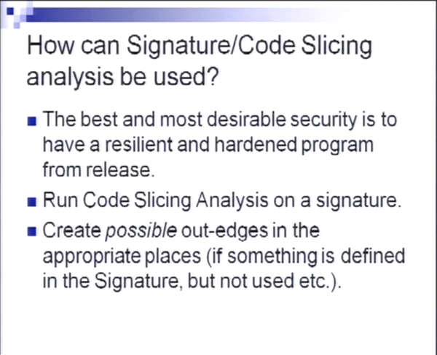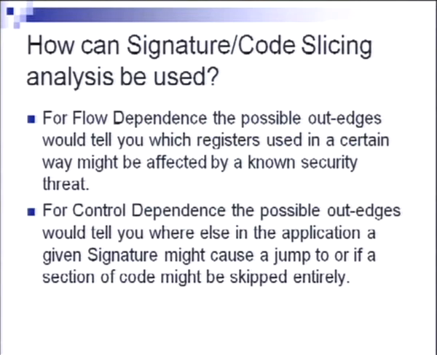Create possible out edges in the appropriate places. For flow dependence, possible out edges could tell you which registers used in a certain way might be affected by a known security threat. Control dependence, the same thing, might be skipping licensing code or something like that.